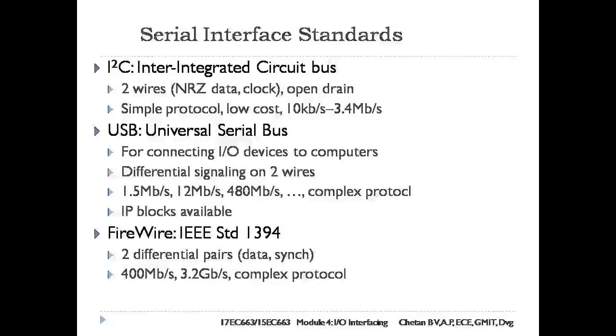It is a complex protocol. FireWire assumes that any device connected to the bus can take charge of operation, whereas USB requires a single host controller. This is used in applications with high-speed transfer of bulk data, for example, digital video streams from cameras.